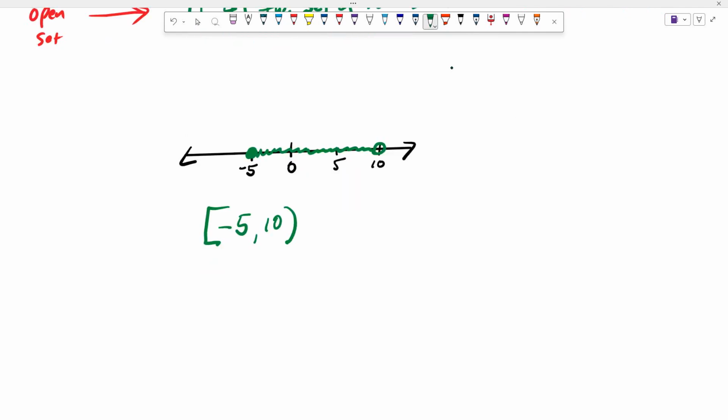Okay, this is called half open, half closed. Because we included the smallest number, -5, that half is closed, the right half is open.